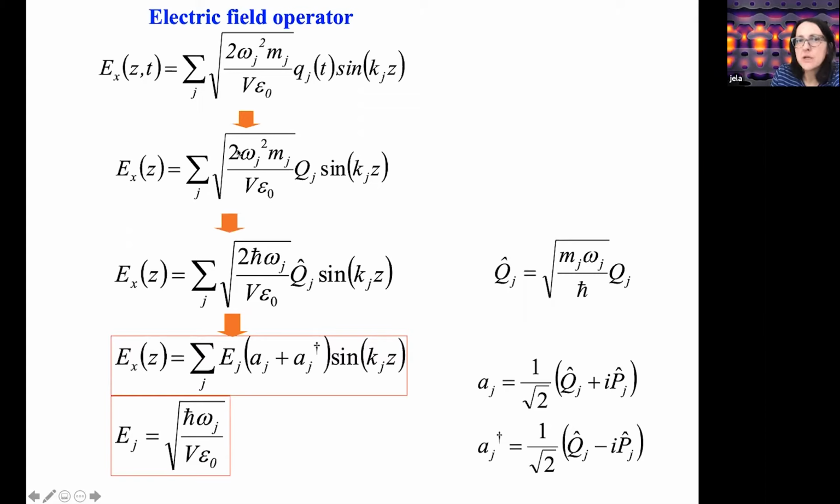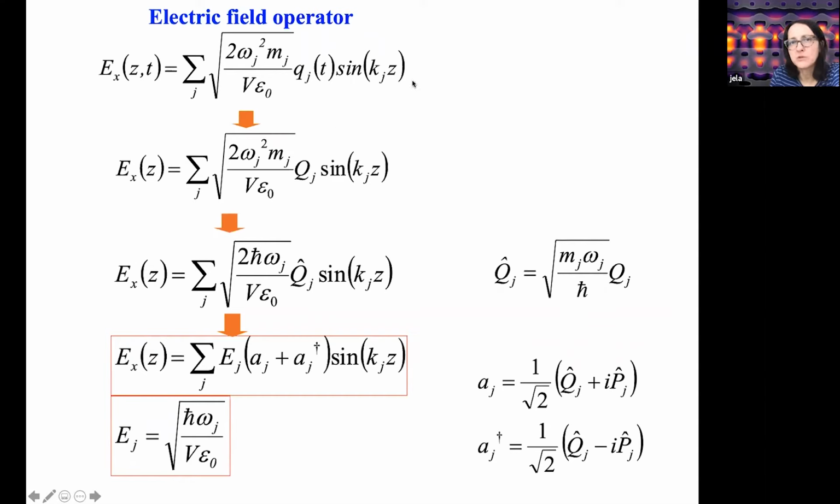So then when we quantize the system, we basically have to introduce operators. And instead of this Q of t, which in the classical solution was analogous to position inside of the harmonic oscillator, we introduce operator Q, okay? And then your operator describing electric field is given here.